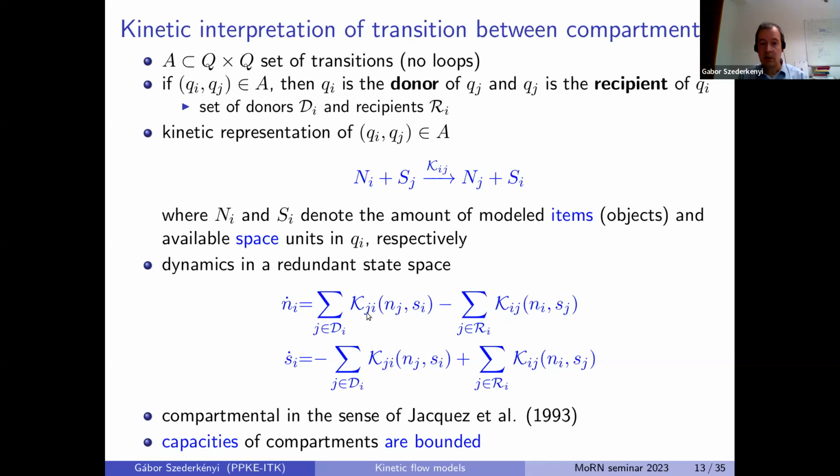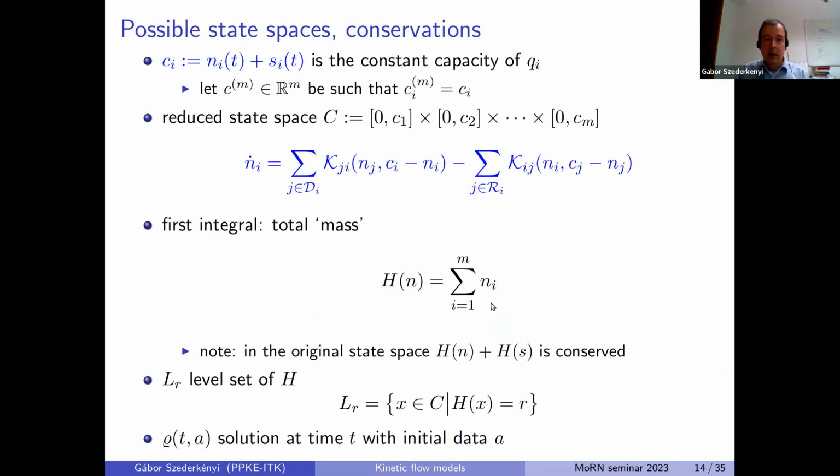But it's interesting that some properties can be shown in the redundant space and other properties in the reduced state space. So this is compartmental in the sense of our notations, and the capacities will be bounded. This follows from this structure.